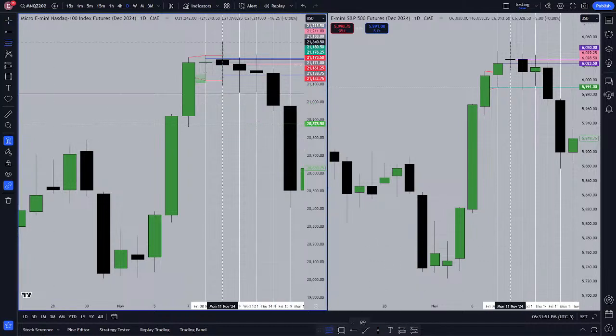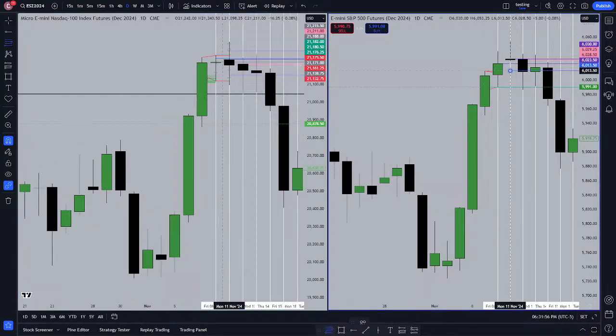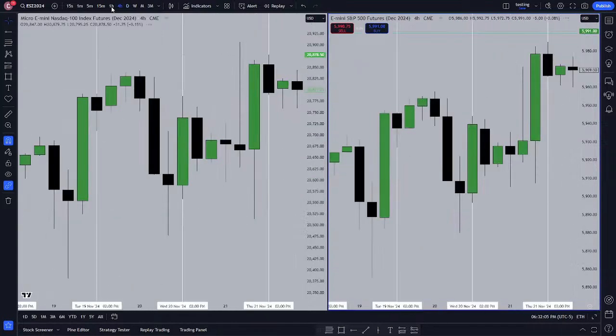And you would want to see it work the upper 50%. You would not want to see this low taken out, preferably. And if it does, you would want to see it come back quickly.